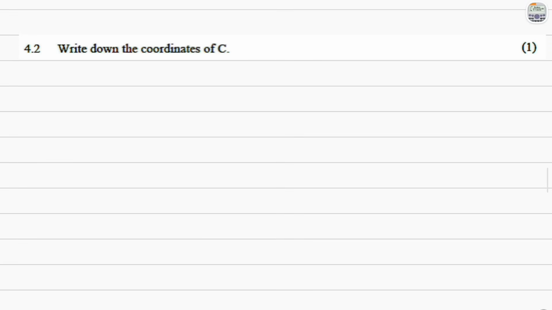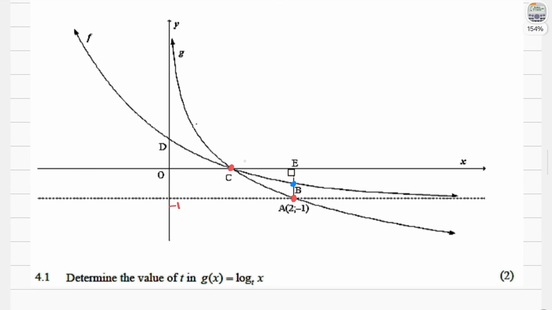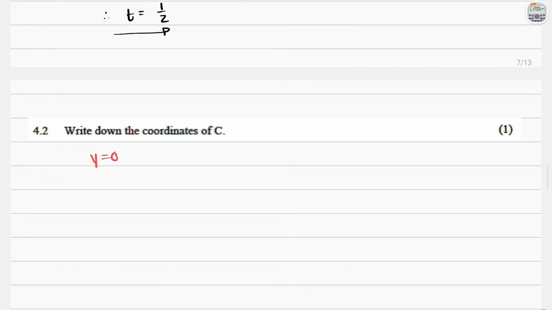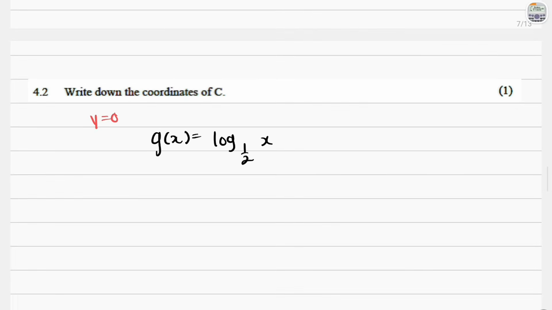Question 4.2 says, write down the coordinates of C. This is an x-intercept. So how do you find this? You make y equal to 0. So we're going to say, okay, y is equal to 0, and we'll take our graph as it is. It's now going to be g of x is now equal to log, and our base is now 1 over 2, and then you just make y equal to 0.